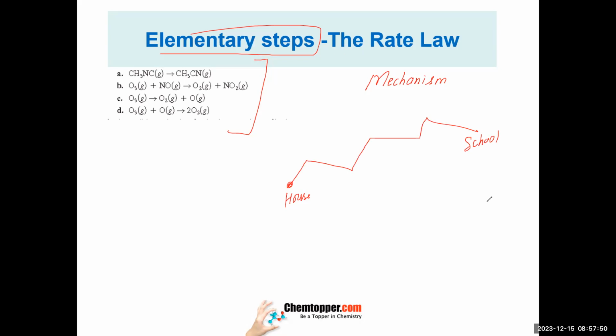Exactly, we have the path of the reactions, how the reactant is converted into product by different paths, and understanding of every path is the mechanism. So you will divide the reaction into different steps, and those different steps are called elementary steps. They cannot be further divided.